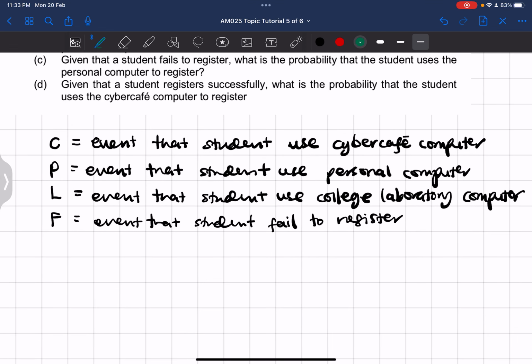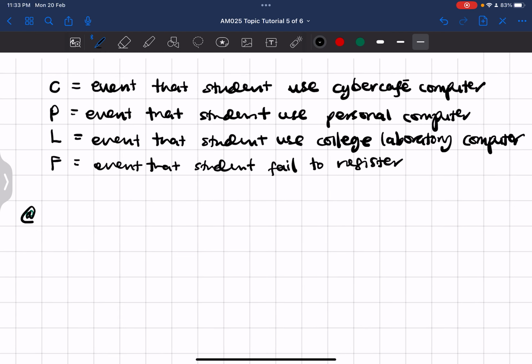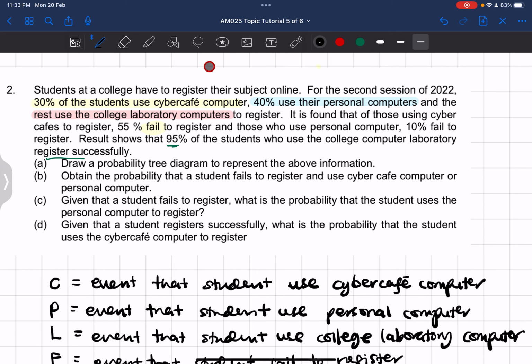So for the first branch, we're going to have 3 branches. 1, 2, 3. So the first branches are represented with C, P, and L. Let's read again the second sentence. 30% of the students use cybercafe computers.